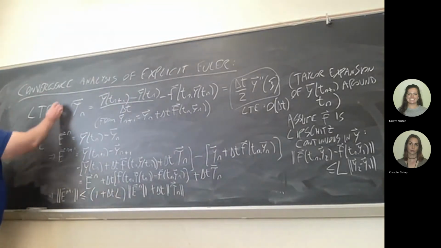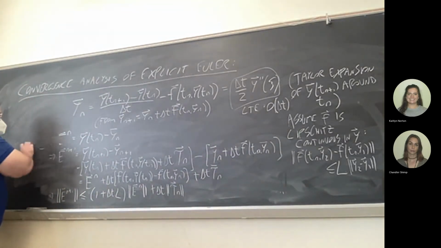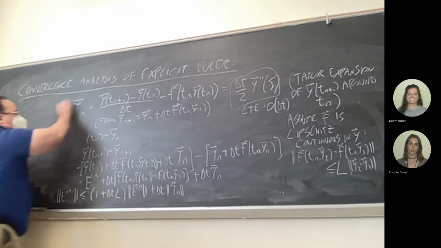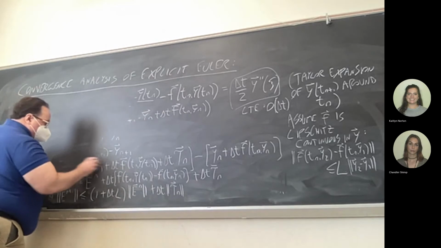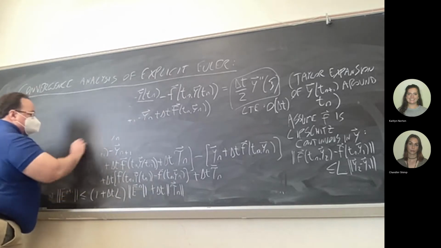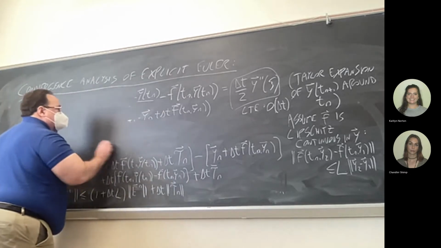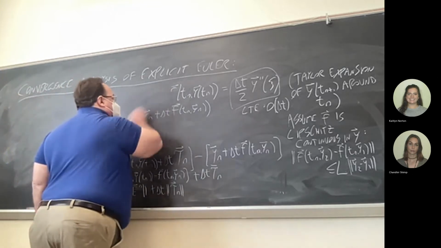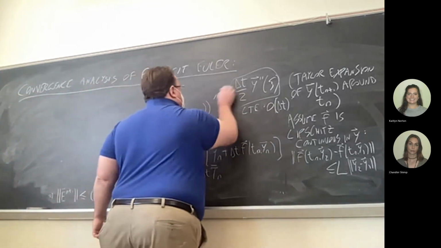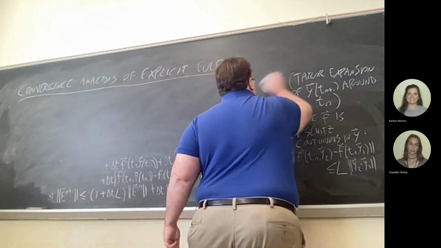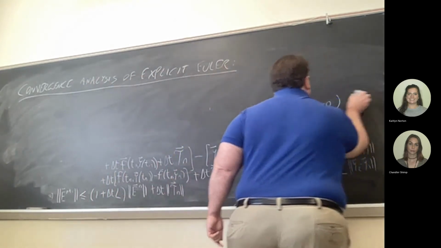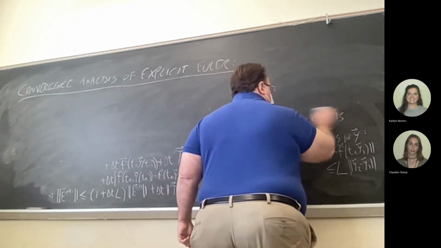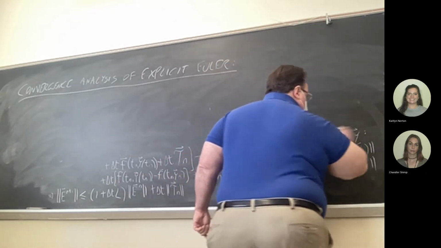Actually, I'll leave that last step down there. Because now what we have is a recurrence relation. I want to express the error at whatever time in terms of the initial error, like E_0. That will enable me to get a bound for the global error at any time. And I want to know that as delta t goes to 0, this error is going to 0. And that would be convergence.